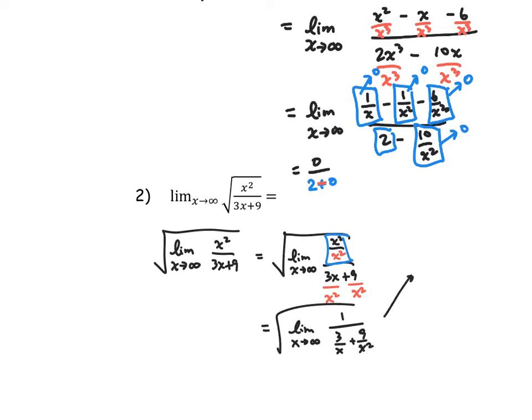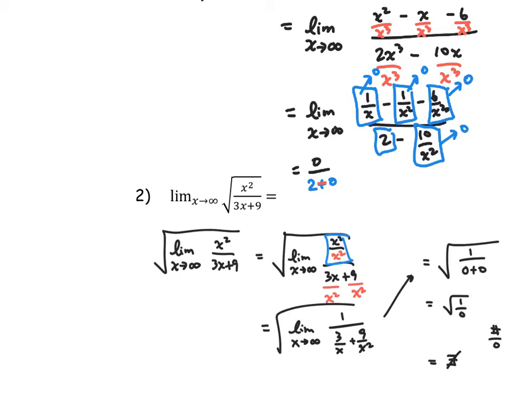As x goes to infinity, this will go to the square root of 1 over 0 plus 0, right? As x goes to infinity, 3 over x goes to 0. Same thing there. So I'll have the square root of 1 over 0. And a number over 0 is great because we know that it will not exist.